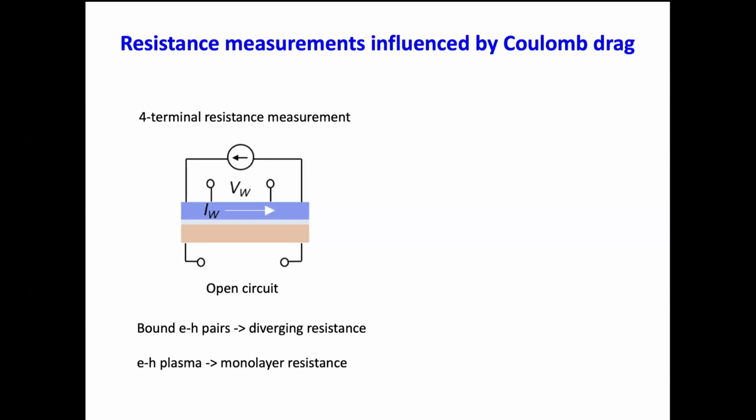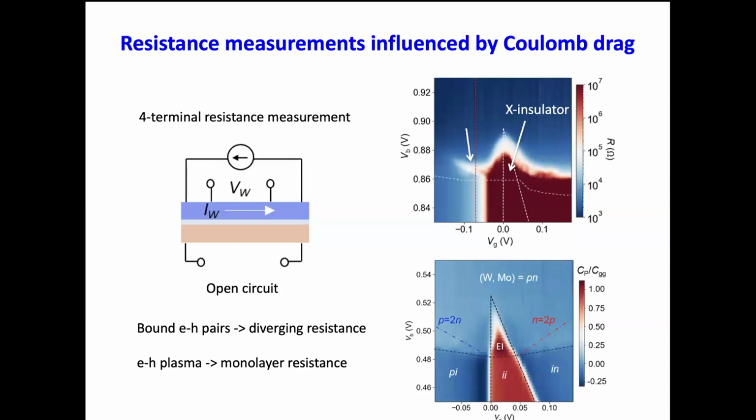In particular, if you have bound electron hole pairs, you should have a diverging resistance at low temperature. So this is a map, again, of the 4-terminal resistance of the tungsten layer versus VB and VG. This is the excitonic insulator region, where we have a diverging resistance.